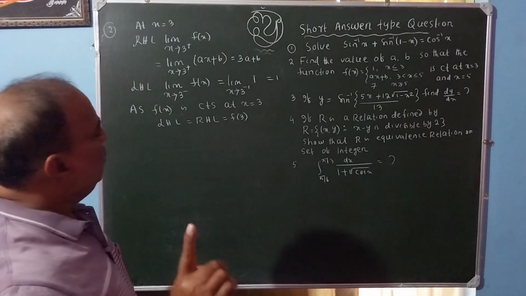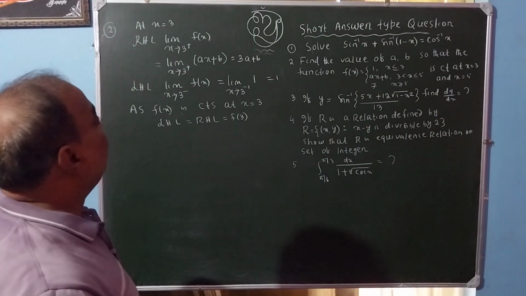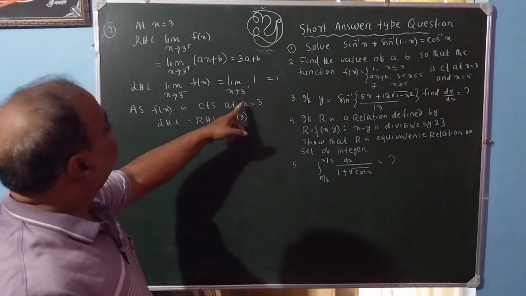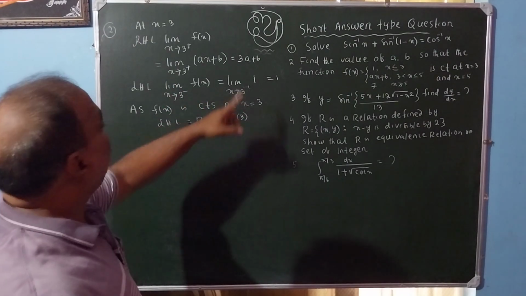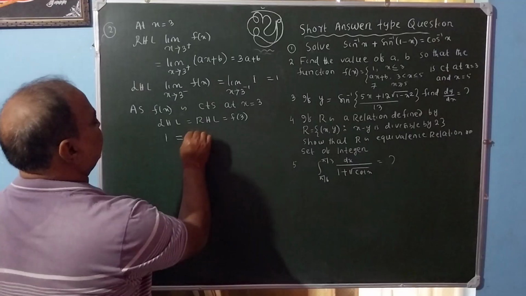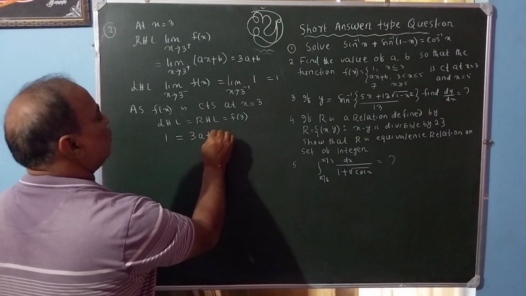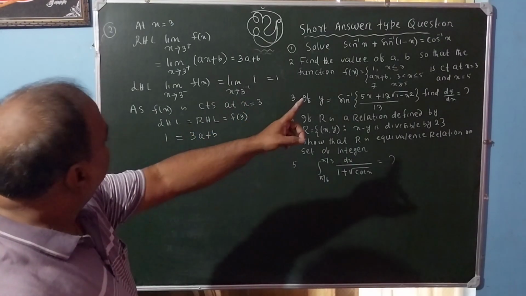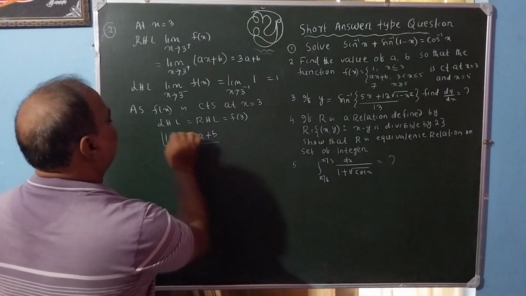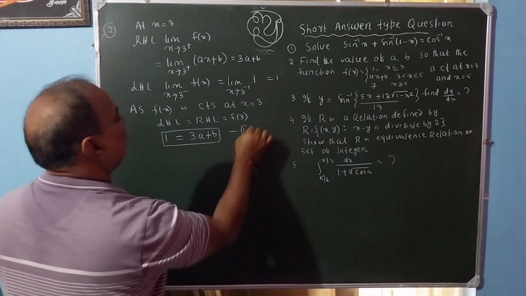LHL is equal to 1. RHL is equal to 3a plus b. The value of the function is also 1. So here we get one relation: 3a plus b is equal to 1.